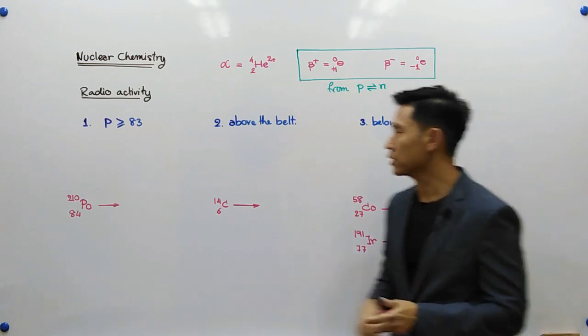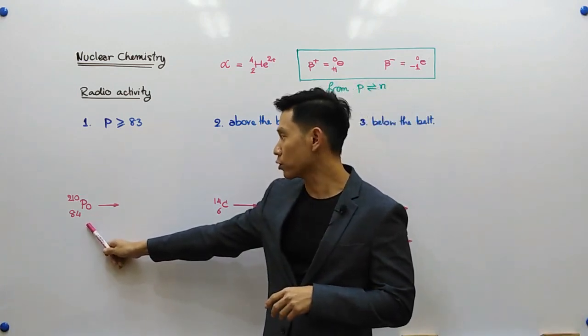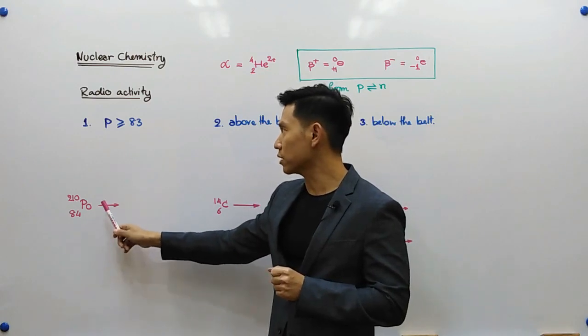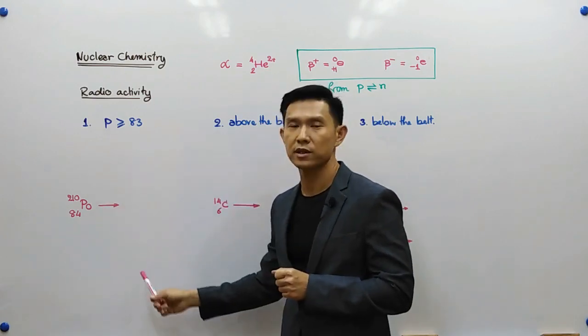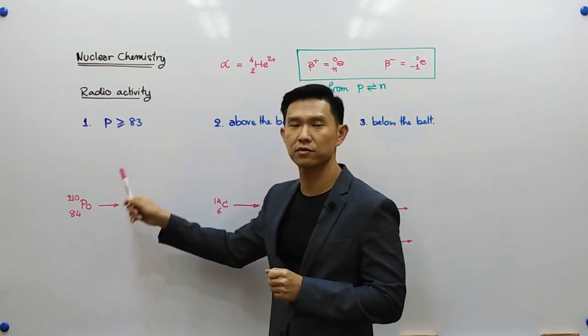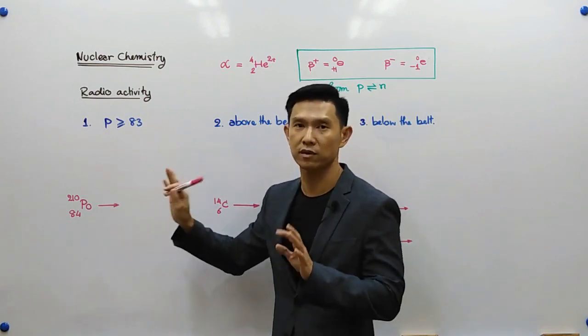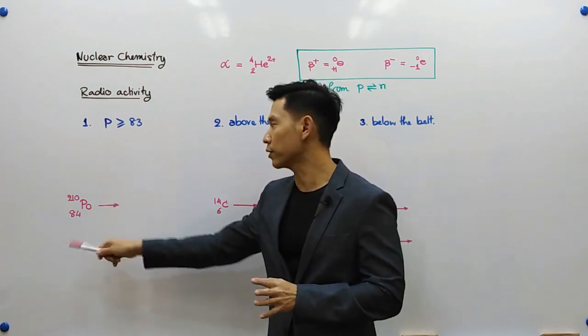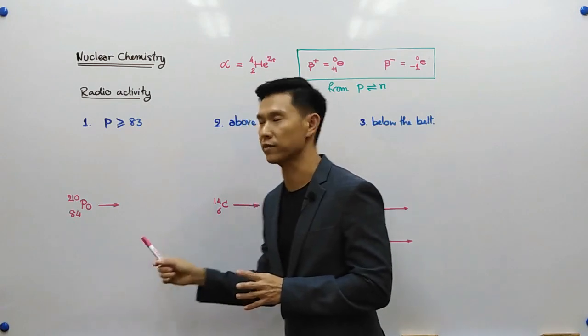The first example is polonium-210. Polonium-210 belongs to this class because it has too many protons, right? So you have to reduce the number of protons somehow. So what kind of radiation can happen, and can you fill up the equation over here?